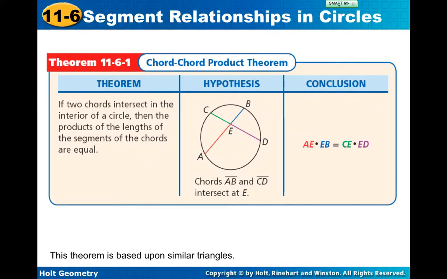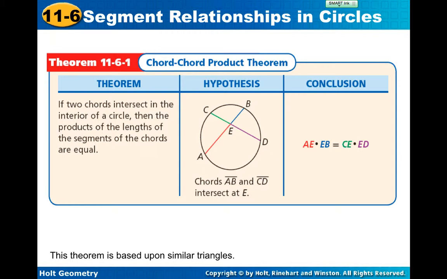The theorem wording is: if two chords intersect in the interior of a circle. So that's your hypothesis. Draw yourself a circle with two chords intersecting. They don't have to intersect at the center. It'd probably be better if you don't make them intersect at the center. It says then the product of the lengths of the segments of the chords are equal. The product.